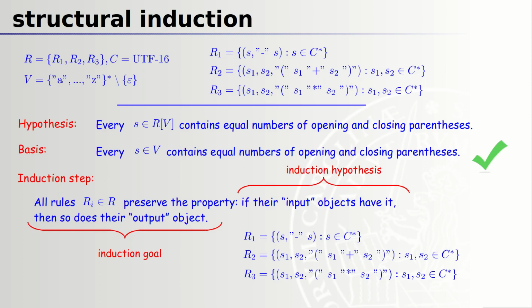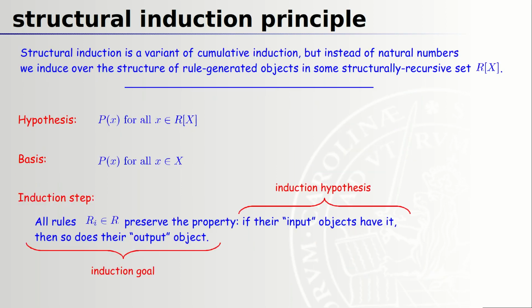If their numbers were balanced in both input strings, they will therefore be balanced in the output string. This means the induction step's implications are true for every rule, which means the induction step is shown, and therefore so is the hypothesis. And this is the general structure of a structural induction proof.